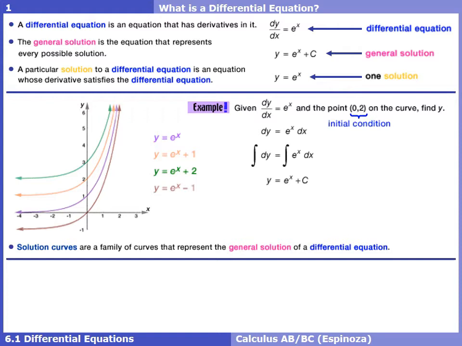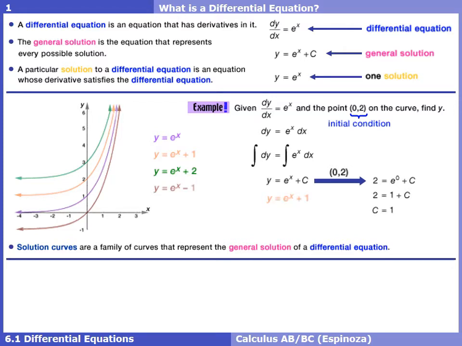But if we want to find that particular graph or that particular solution to our differential equation, we need to plug in the point that we were given. And in this case, we're given the point (0, 2). So if we plug that in, e to the 0 is 1. If we subtract 1, we find our c value is 1.